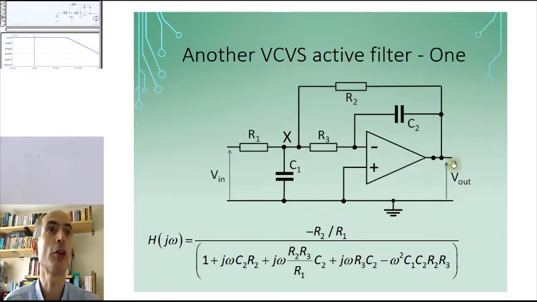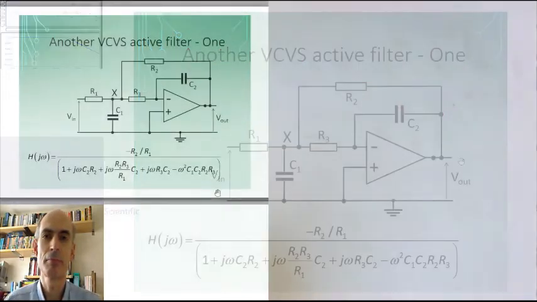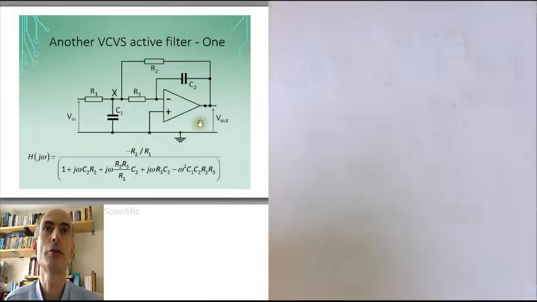So at low frequencies, the output is 180 degrees out of phase with the input. There's nothing magical, there are no tricks in the derivation of this frequency response. All you have to do is apply the same type of nodal analysis techniques that we've done before, labelling this point in the circuit X again.